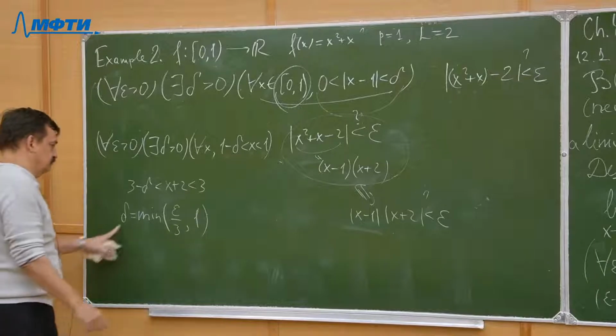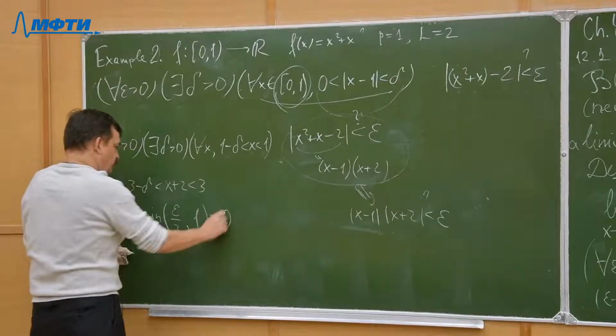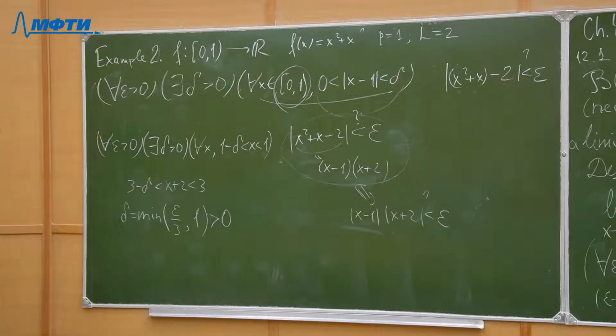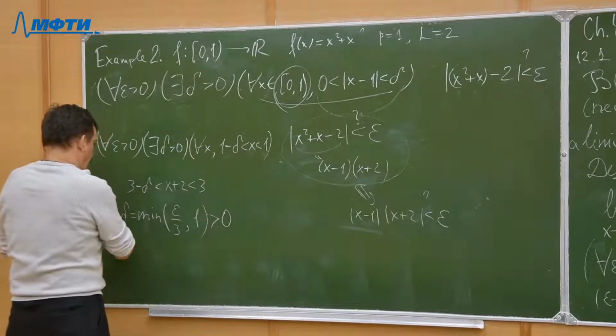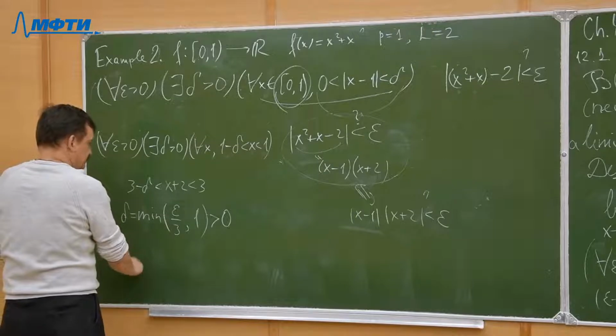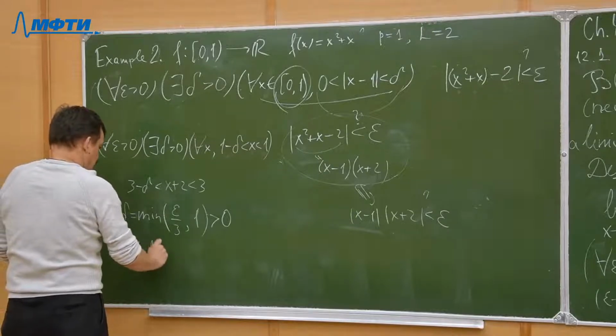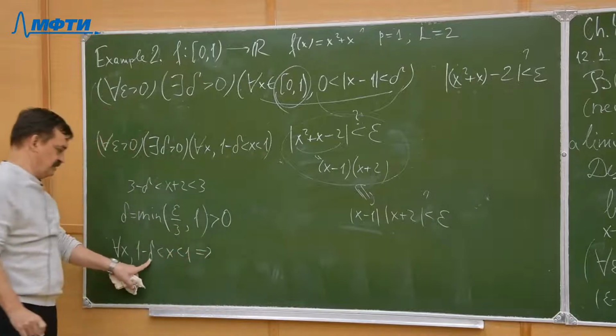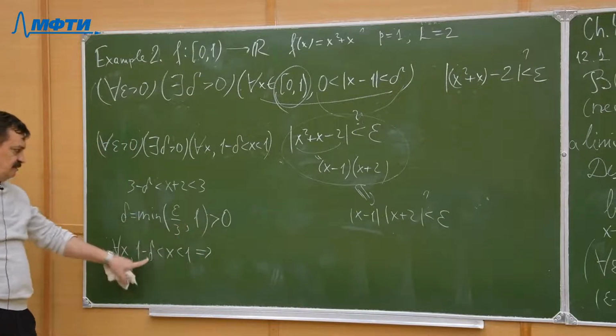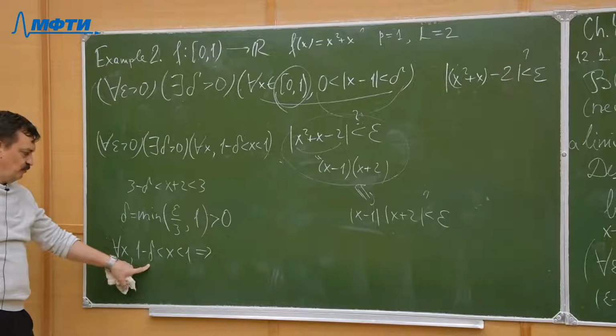Then that is a positive number, right? And then what do we obtain? For arbitrary x, if this inequality holds, then delta is less or equal to 1, right?